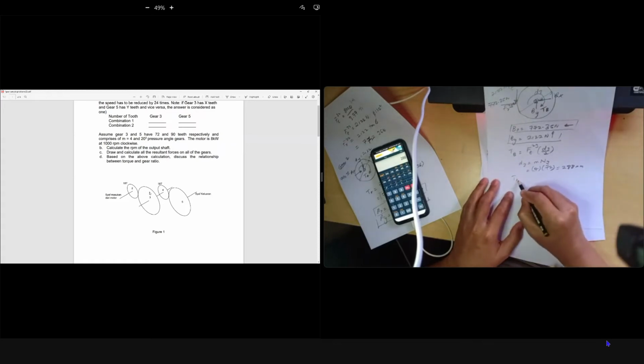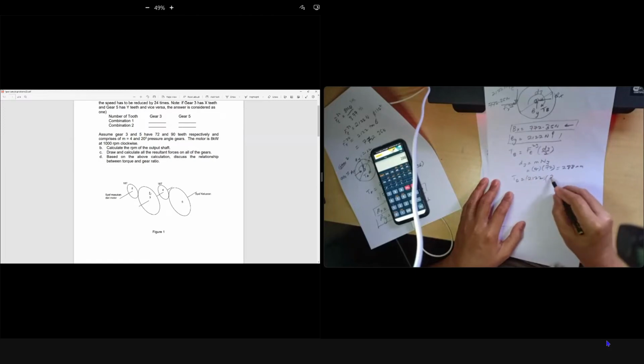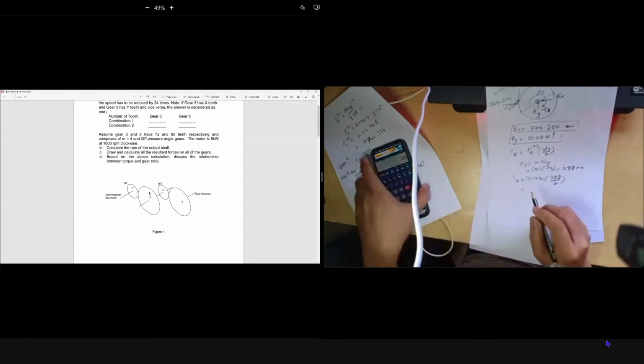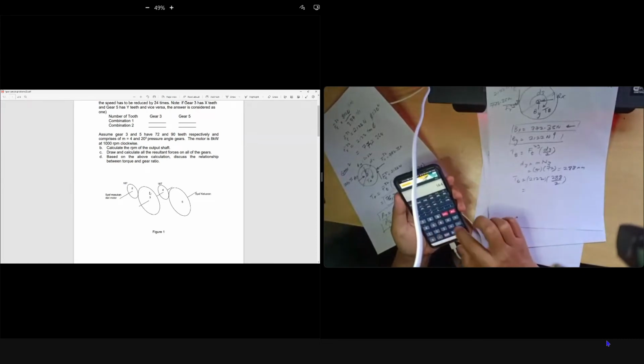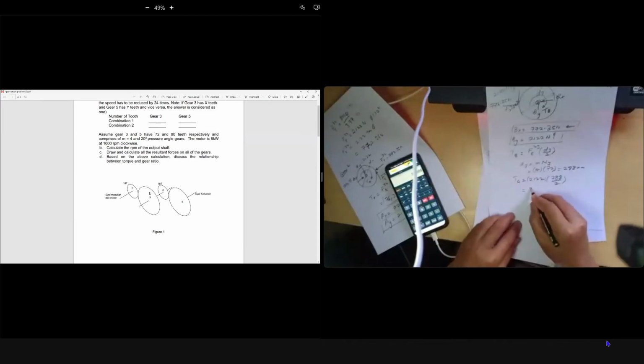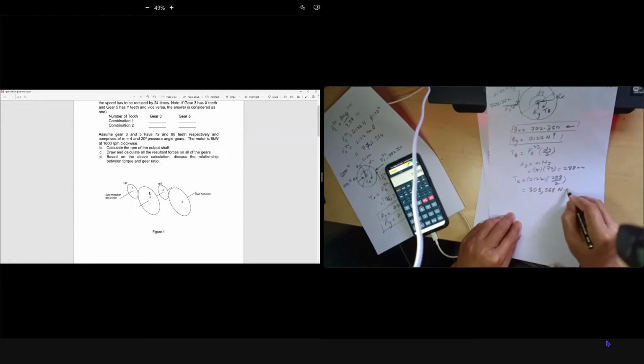Torque B, F tangent 2 to 3, is 2122 times 288 divided by 2. This one is diameter times radius. So your torque at B is 305,568 Newton millimeter.